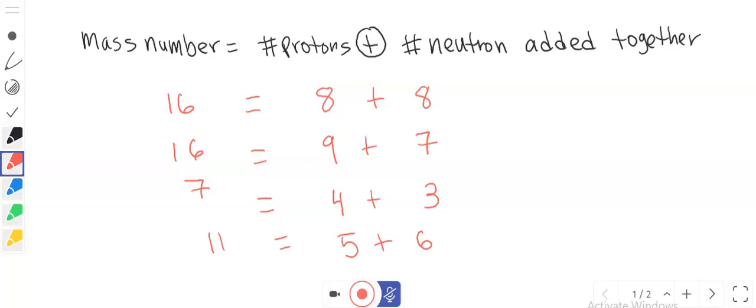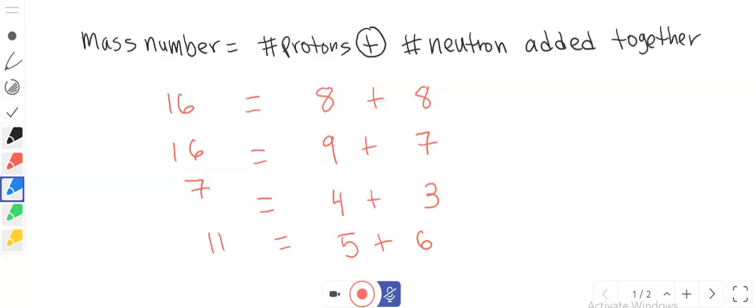So as you can see here, there are times where the atom is a neutral atom, where the number of protons and neutrons are equal. But it's not always that way. There's times when there's more protons than neutrons, like in these first 2 cases. But there's times when there is more neutrons than protons, like here in the bottom.